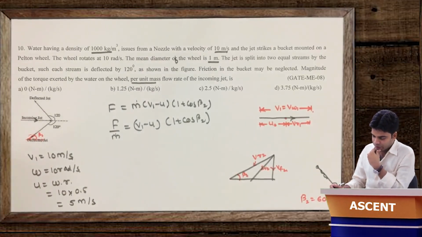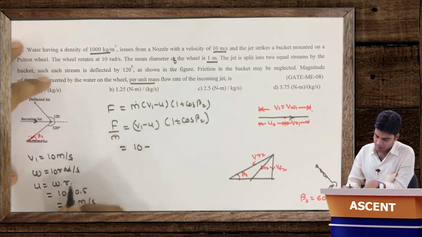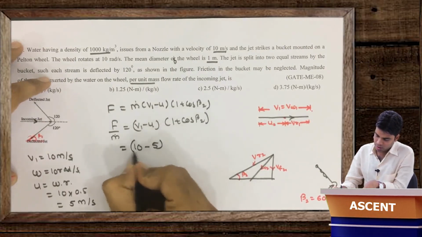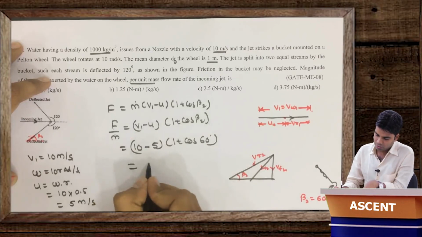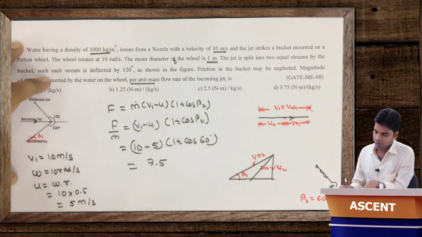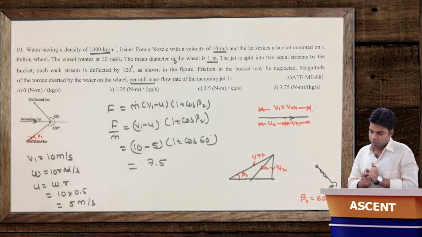Getting this or not? Okay, now I think we have everything now, so we can determine this. So this will be equal to 10 minus U, which is 5, into 1 plus cos of 60 degree. That's it. So from here this force is equal to 7.5 Newton. Getting this now?